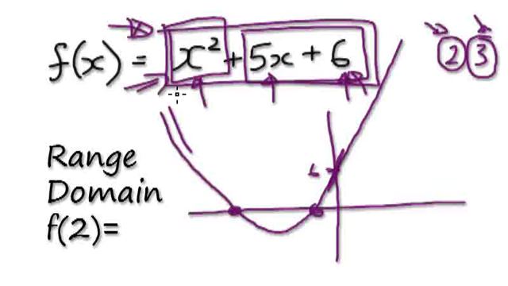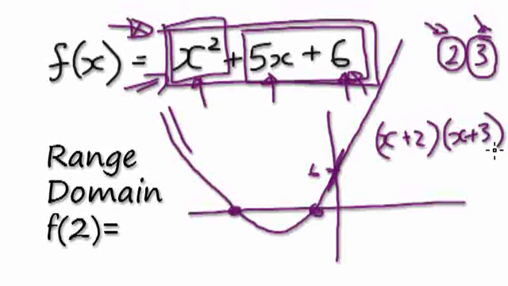So it will be x plus 2 and then x plus 3. When you put x equals minus 2 in here, this thing will be 0, making the whole thing 0. So this will be minus 3 and this will be minus 2. Badly drawn, not to scale. Okay, so your graph will look something like this.